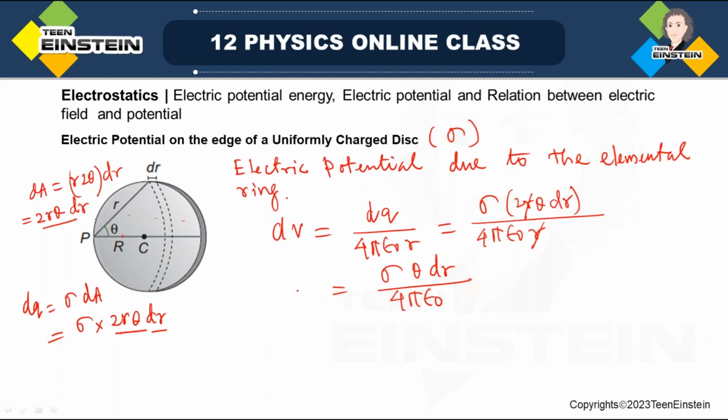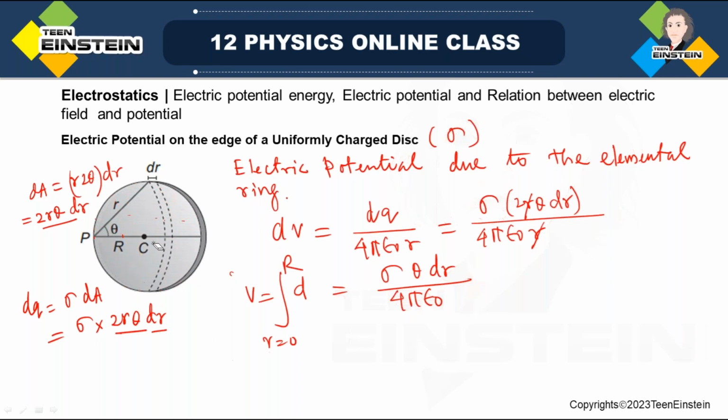First of all, let me write this integration. So b will be the integration of r from 0 to capital R, where capital R is the radius. If I take my element at this r equal to 0, then I am here. If I go on increasing like this, taking elements at different distances from P, then I can cover the whole disk.